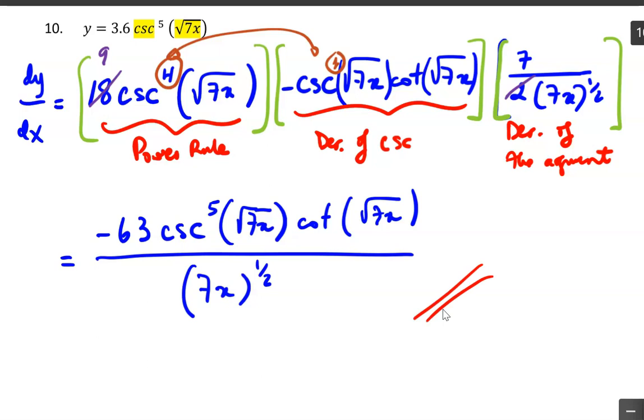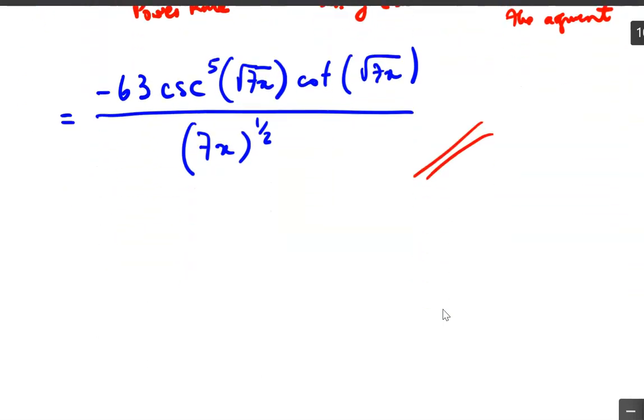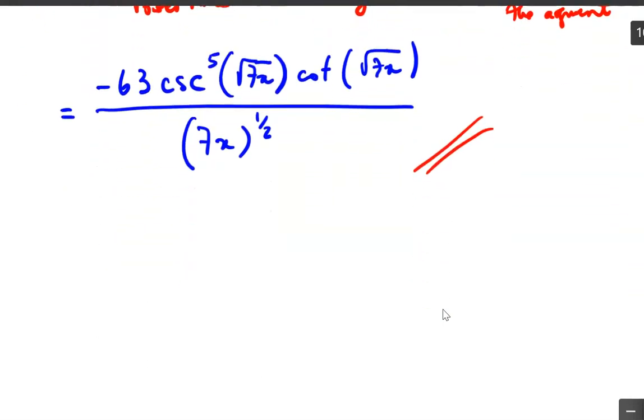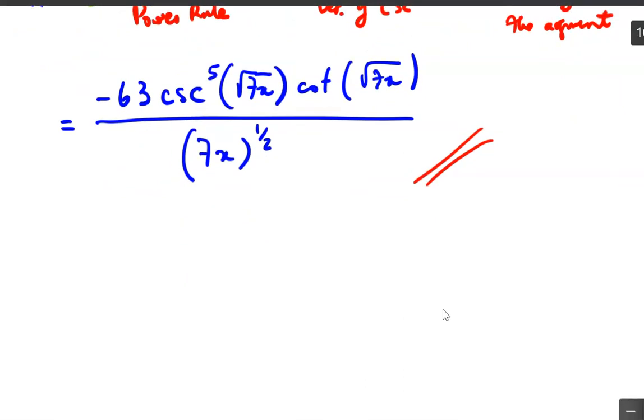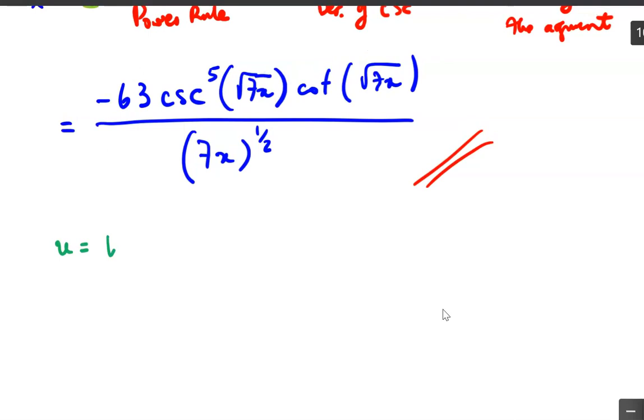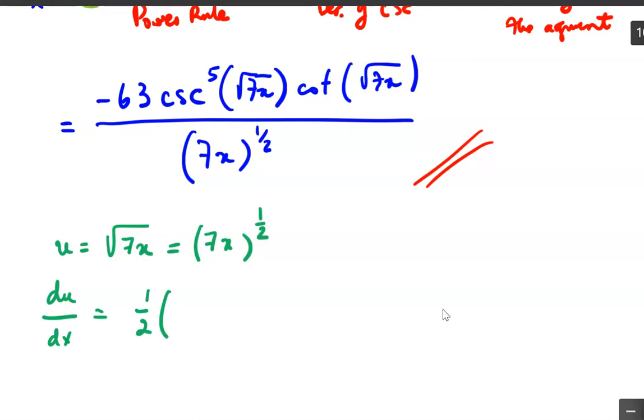Okay, so this is good. But let me make a note, how do I get u and du over dx for u? So u equal to square root of 7x, so I can write it as 7x, all of it raised to exponent a half. So du over dx will be equal to a half times 7x, takes 1 away from the exponent, will give me negative half. At the same time, multiply by derivative of what is inside the bracket.